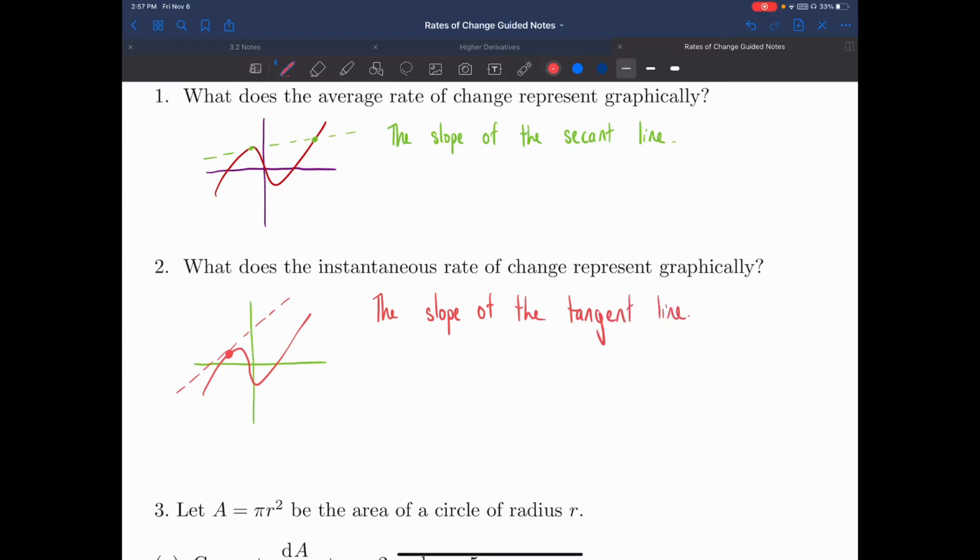The tangent line is a line that touches the function at a precise single point. It does not go through 2 points.